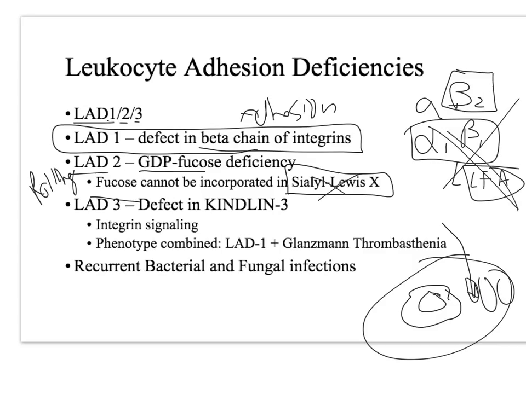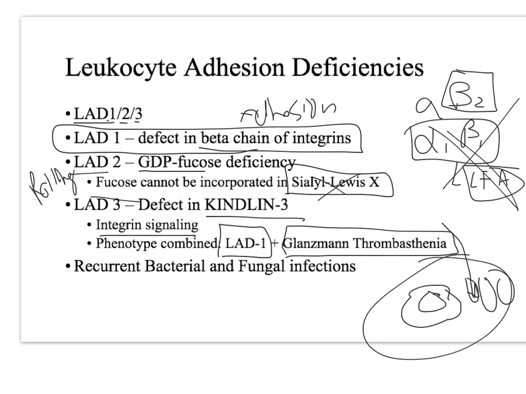And then LAD3, there's a defect in something called Kindlin3, and this is basically a signaling molecule for the integrin to say, hey, we're here, let's go in. And so it's sort of the step between adhesion and transmigration. So you get a phenotype that's similar to LAD1 plus a mix of Glanzmann thrombasthenia.